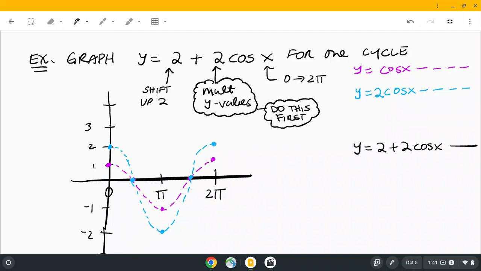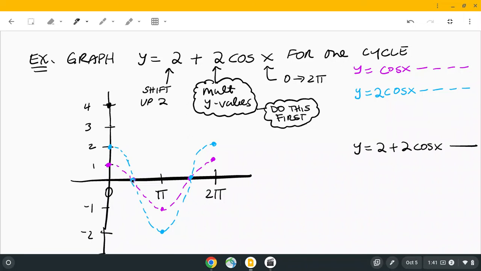Okay, all the way up to here. Okay, so now I'm going to go ahead and just do it in black. All right, this is my last thing I need to do, and I'll get the final graph. So I'm going to take the blue graph and shift it up 2. So here, 1, 2.